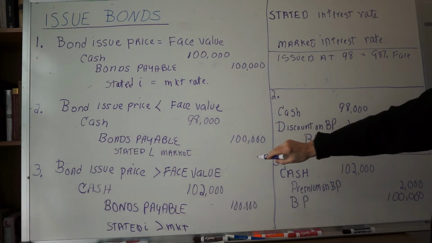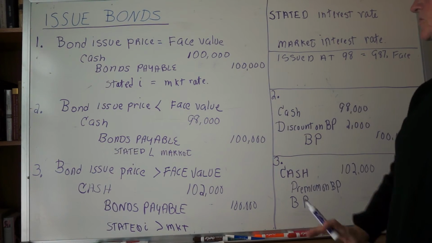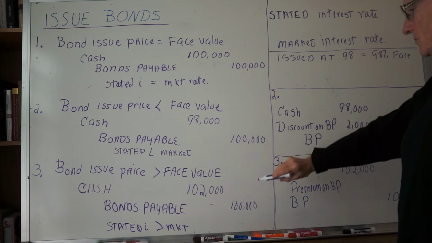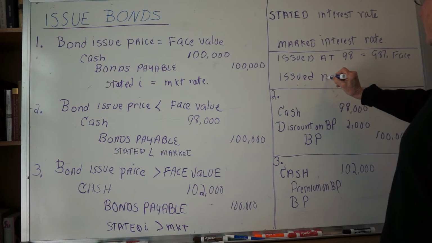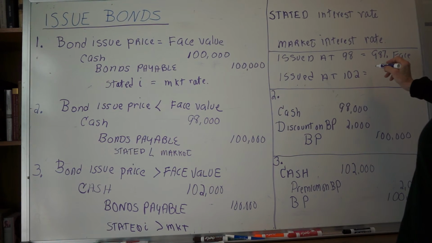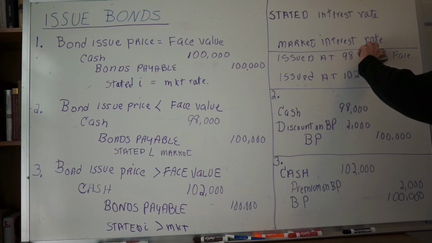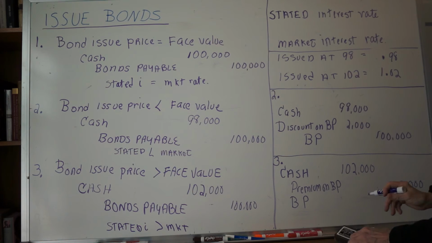So you take the 100,000 times 0.98, and that gives you the amount of cash that you would receive. These other bonds would have been issued at 102. So issued at 102 means that we multiply the face value times 1.02. Here we would multiply by 0.98 to get the bond proceeds.